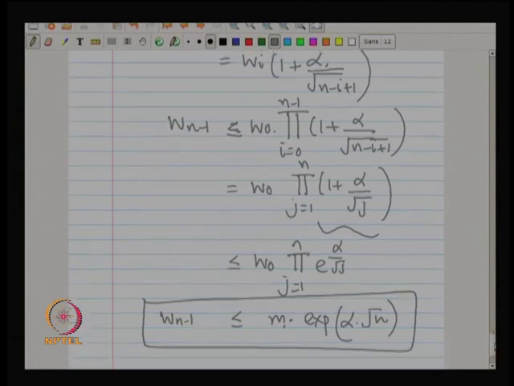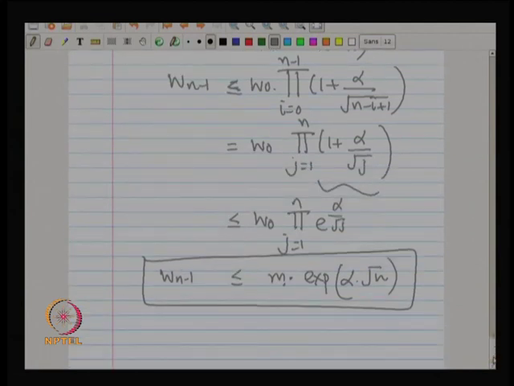Now, on the other hand, suppose a line intersects k edges. What will be its weight? 2 to power k, am I right? Every time it intersects an edge, you double its weight, so if you double it k times, it will be 2 to power k.